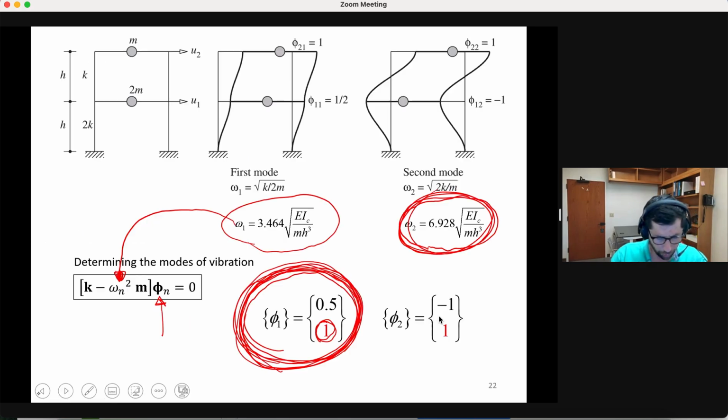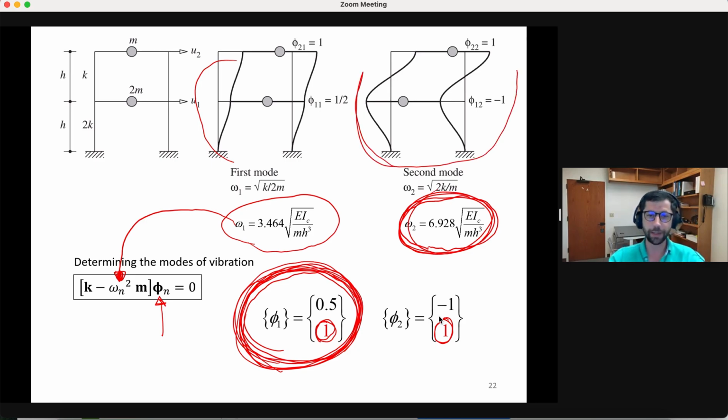Because the actual values of these modal displacements are not important. What's important is simply the deformed shape, meaning the ratio between these different displacements. And therefore, I can plot mode 1, which is plotted here, and I can plot mode 2, which is given here.